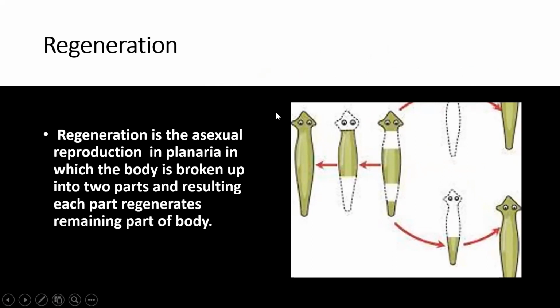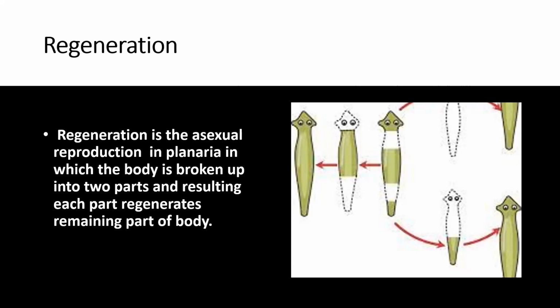See over here, this is a full organism, but before this, there were two parts. One was the head and the other was the remaining body part. So they regenerate and form a whole organism.